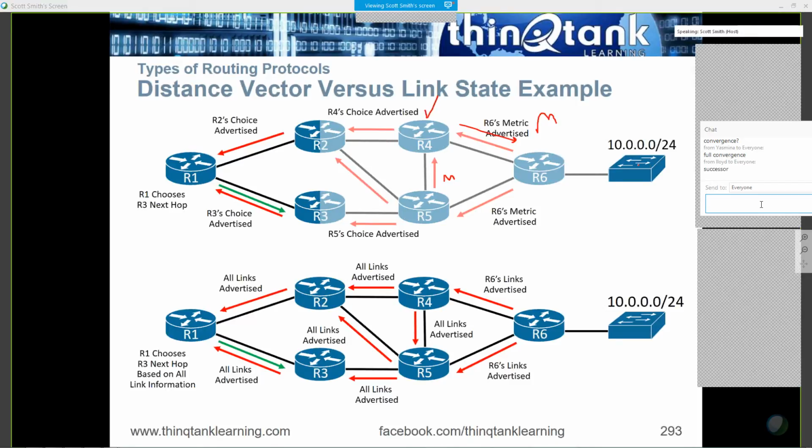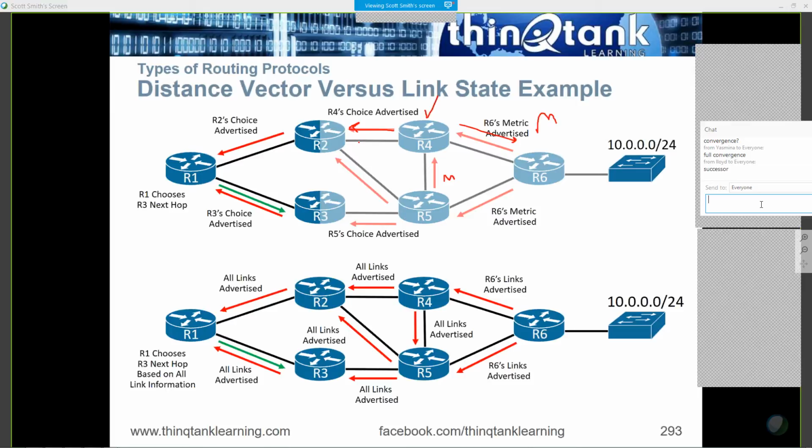R4 is then going to advertise that network to its neighbor. What metric is R4 going to use to advertise that route to its neighbor? It's going to use the metric based on the path that it chose. Does that make sense?